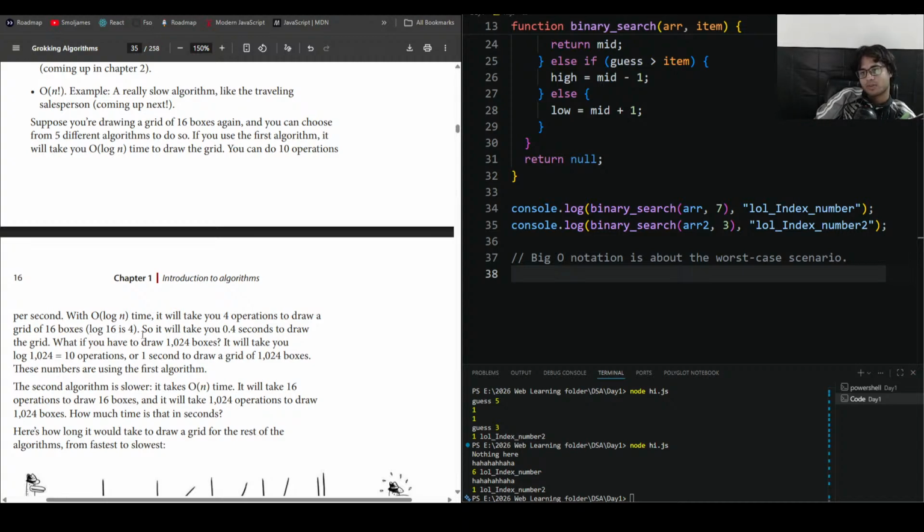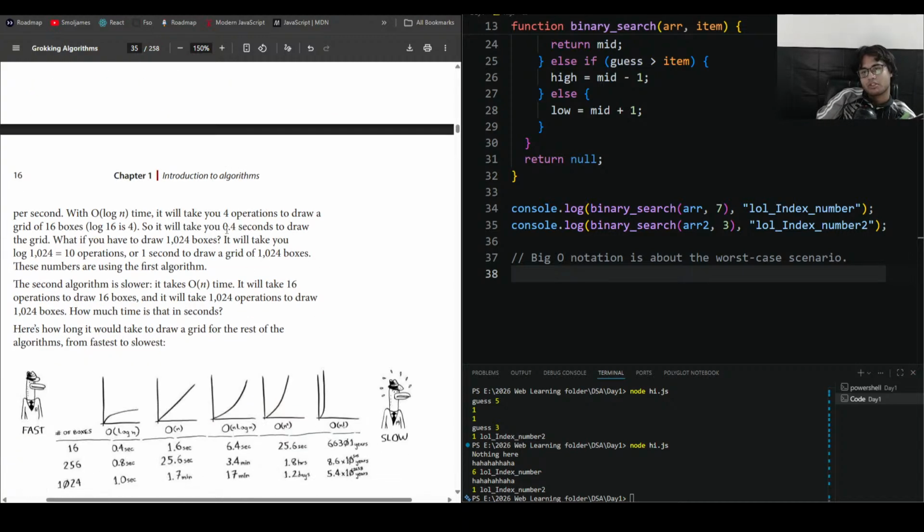Log 16 is 4, so it will take you 0.4 seconds to draw the grid. What if you have 1024 boxes? It will take you 10 operations, 1 second. Yeah, I'm right. To draw a grid of 1024 boxes. These numbers are using the first algorithm.